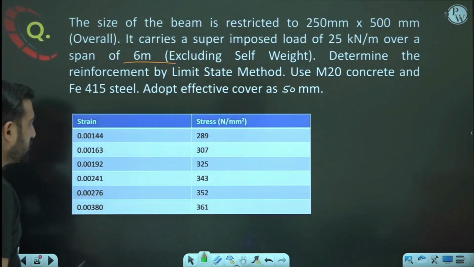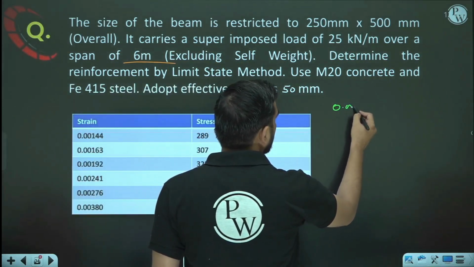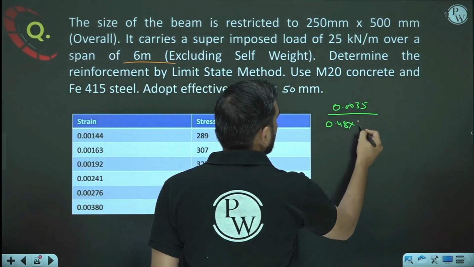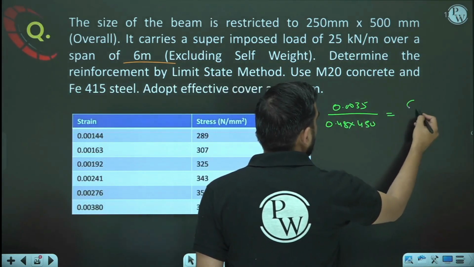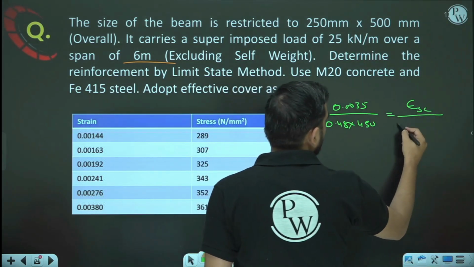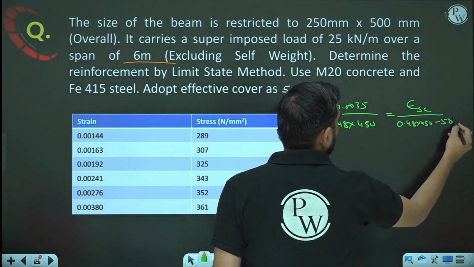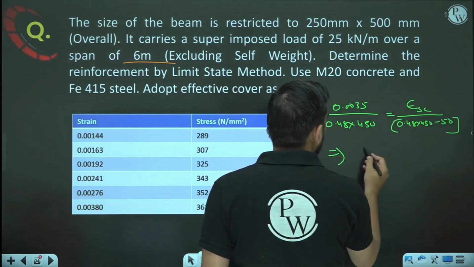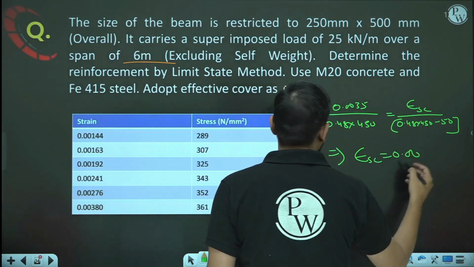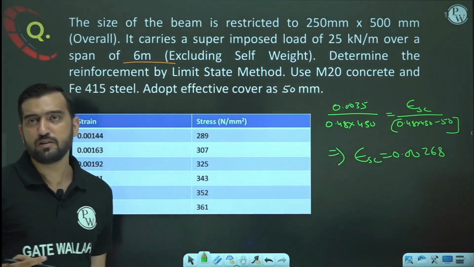We know that 0.0035 is the strain at a distance of 0.48 times d, and the strain at the level of compression reinforcement is 0.0035 times (0.48 times 450 minus 50) divided by (0.48 times 450). So here the strain value comes out to be 0.00268. Please double check the calculations on your own as well.